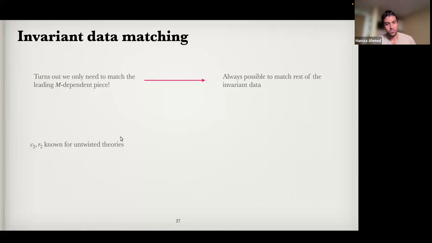So, right, this C2 and R2, these coefficients are known for the untwisted theory, where you just pick the elliptically fibered Calabi-Yau. But you can then also determine these coefficients. What we did, at least, was first determine these via field theory. So we used the physics to determine what these coefficients would be for any twisted theory.